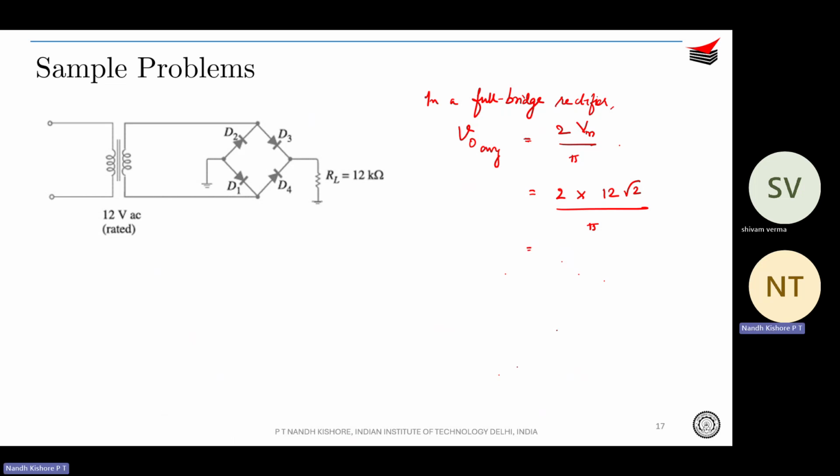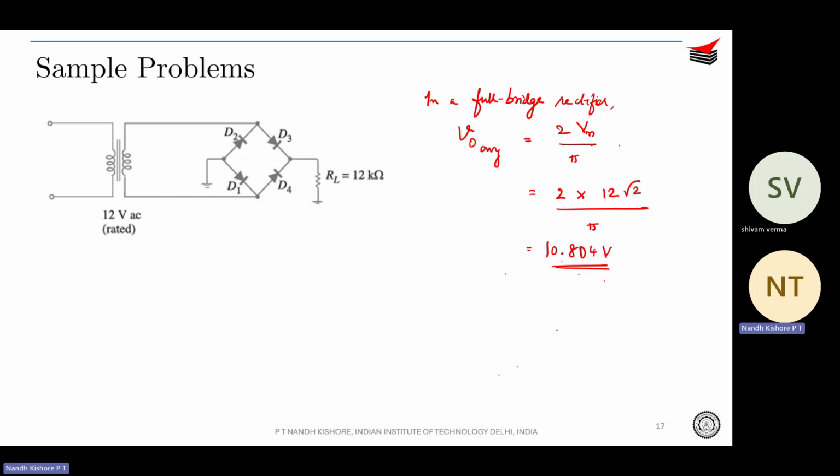Therefore the voltage is how much? 2 into 12 root 2 by pi. So you get somewhere around 10.804 volts.